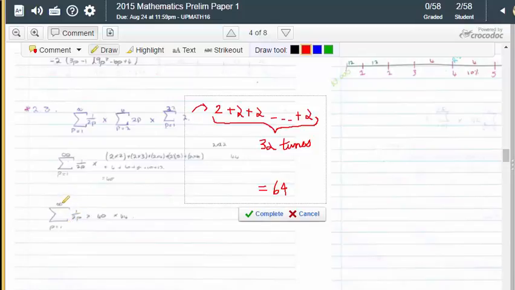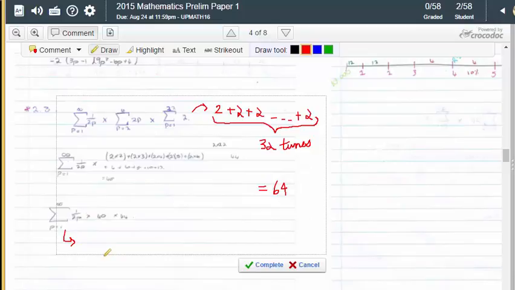So what are we working with? We're working with the sum to infinity. And so all I need is the first term and the constant ratio, okay? Because all I need is my first term for this one.